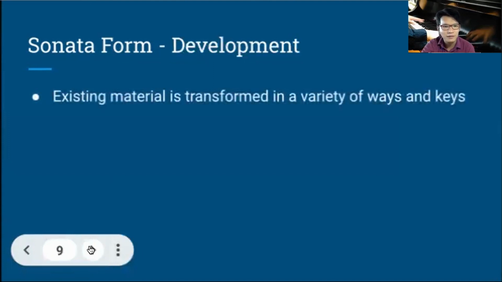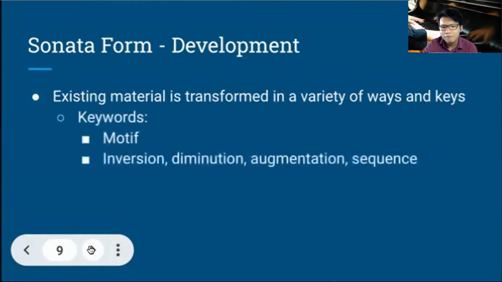So in the development, what we have is that the existing material will be transformed in a variety of ways, and different keys will show up as well. And some of the keywords you'll want to look at are listed here. So motif, or a musical idea, is something that we want to think about.